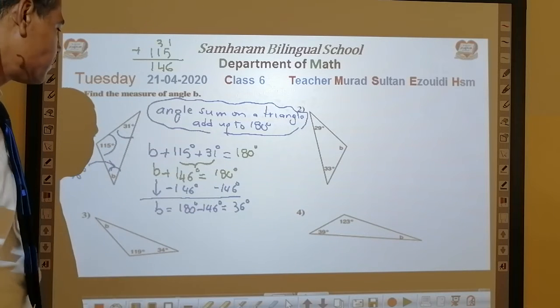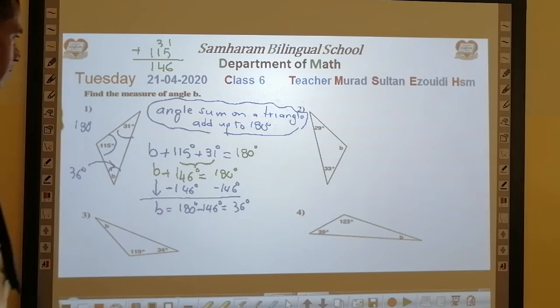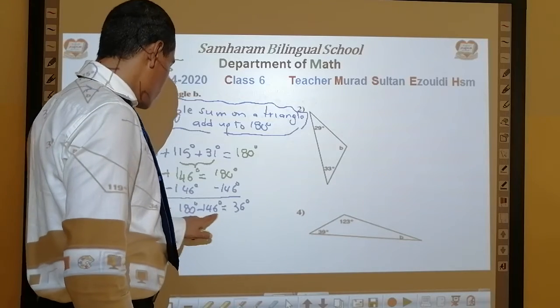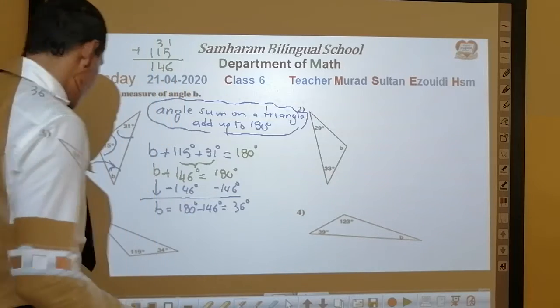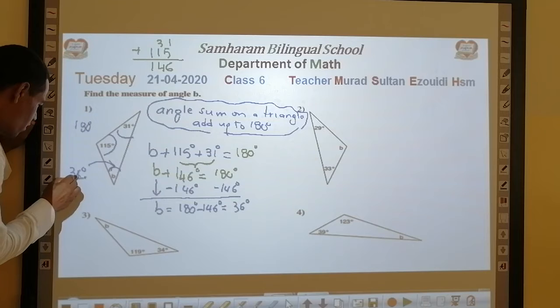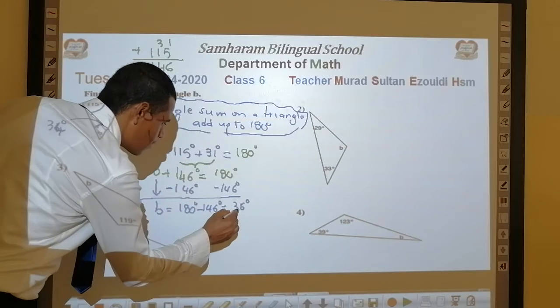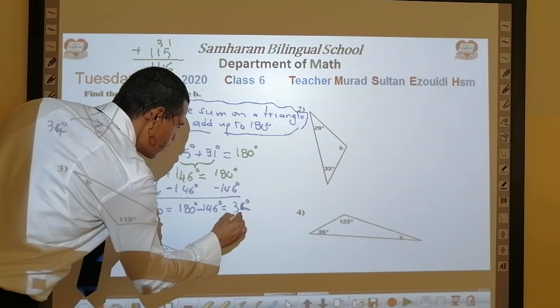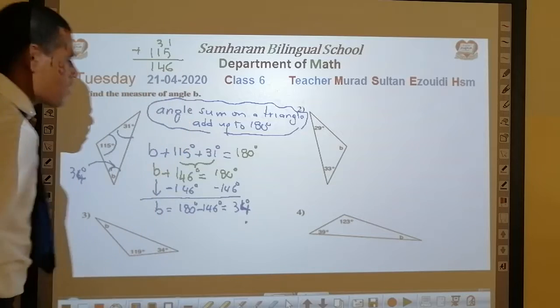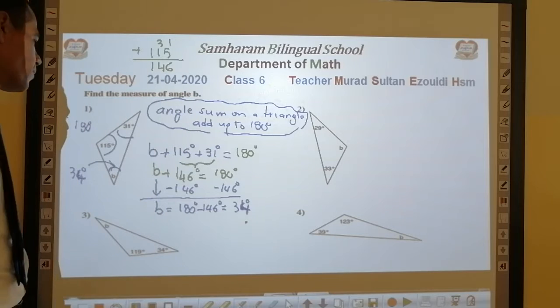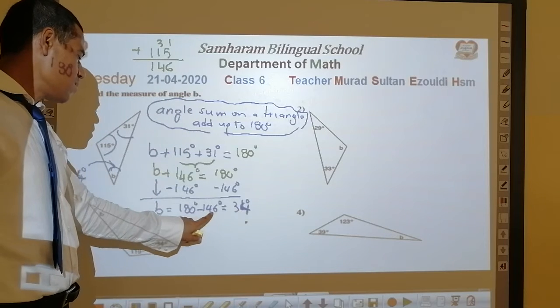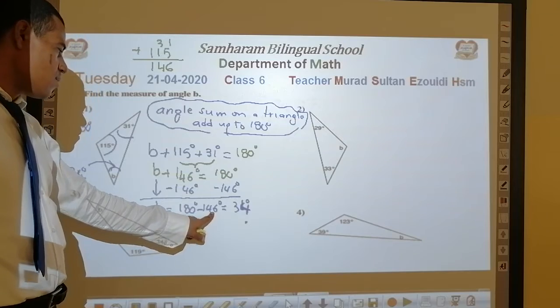Let's take an example. Okay, sorry, 34, sorry. 34 plus 146 is 180.